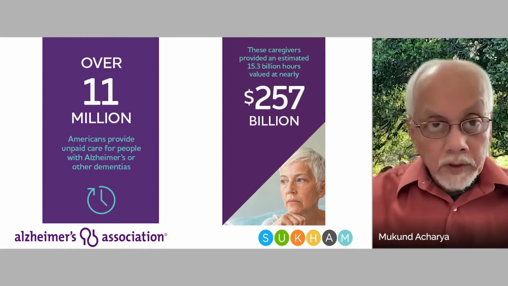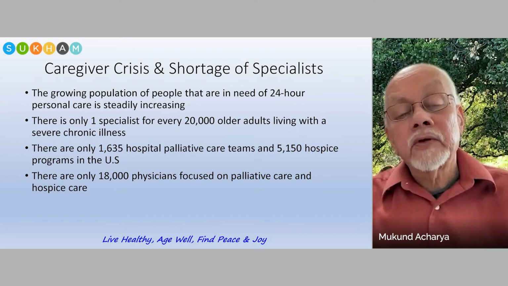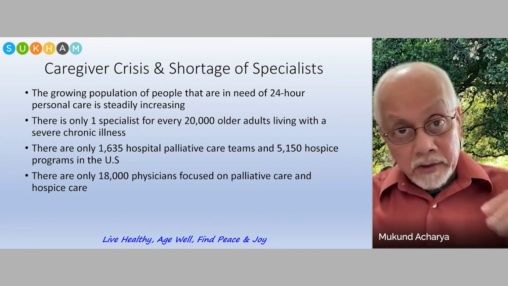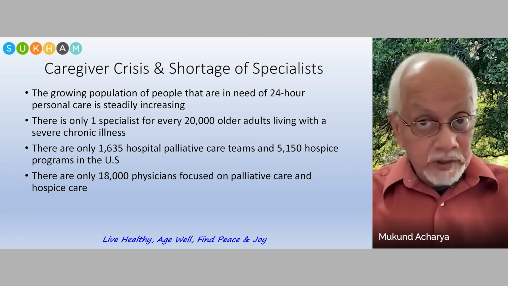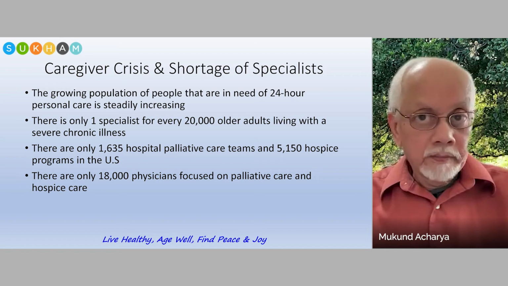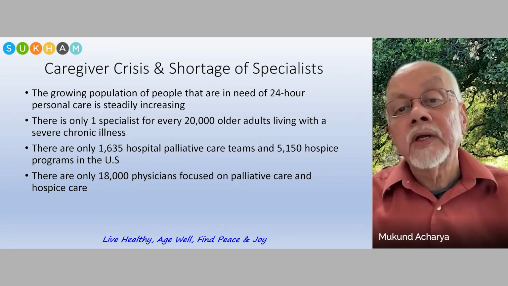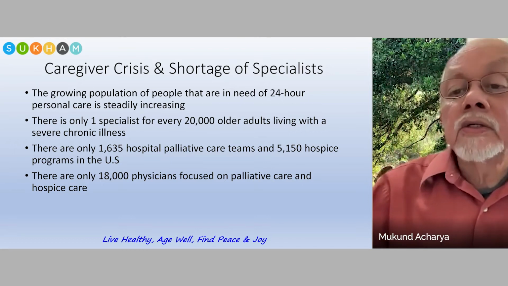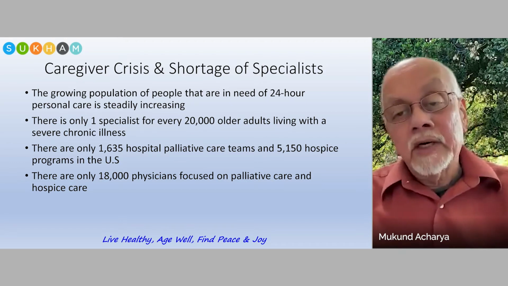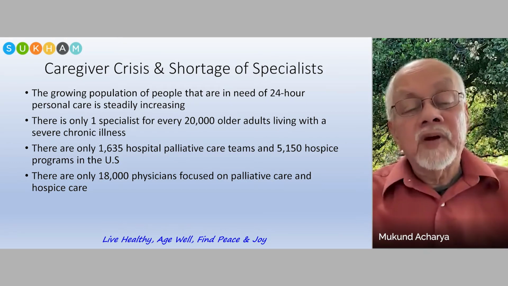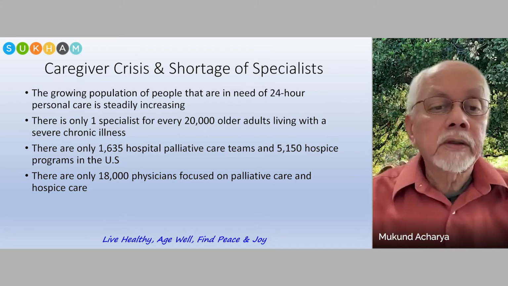Okay. So clearly, we have reached a crisis of aging and caregiving where we need more people, we need more help, we need assistance of different kinds. There's a growing population that needs full-time 24-hour personal care. As Mahaji is mentioning, family members take shifts to make sure there's 24-hour coverage. Right?